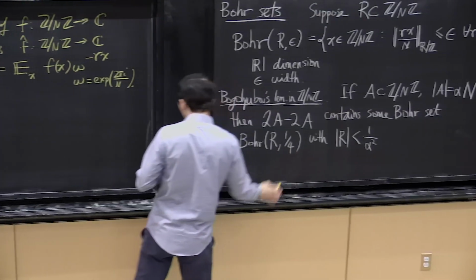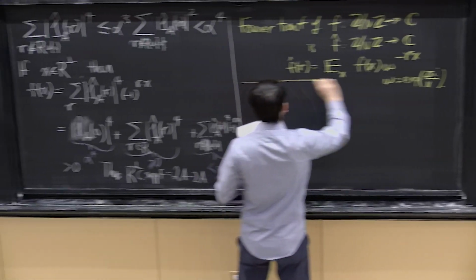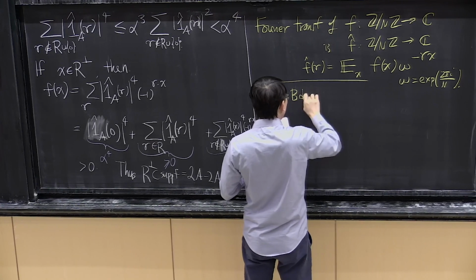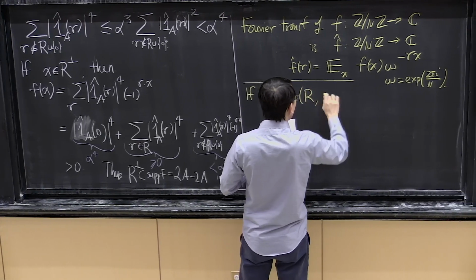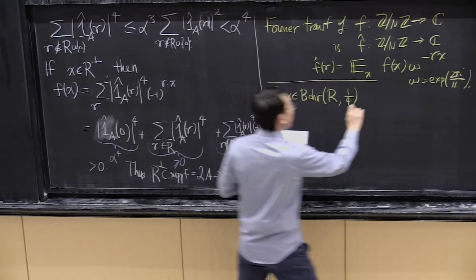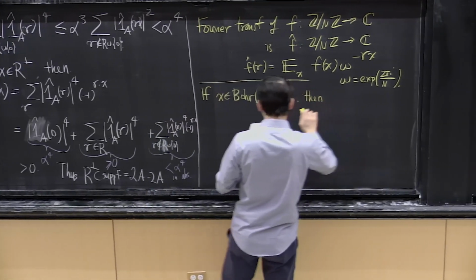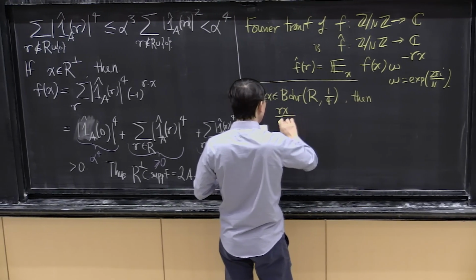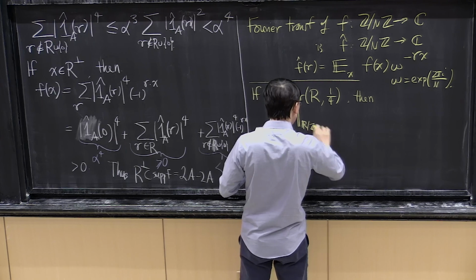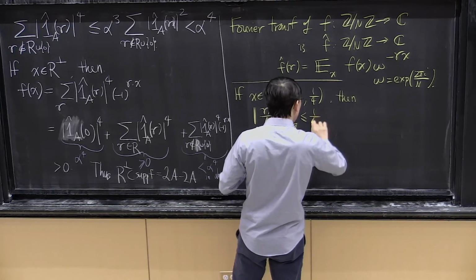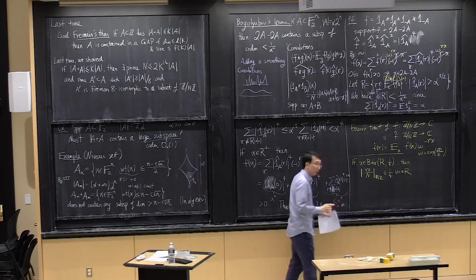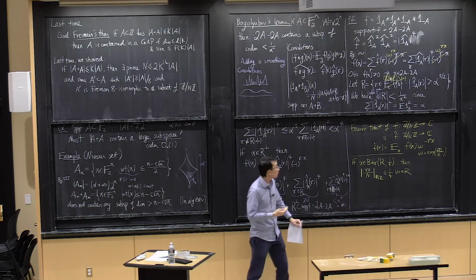So observe that if x is in the Bohr set with width 1/4, then rx divided by n, by definition, all of these fractions are within 1/4 of an integer.